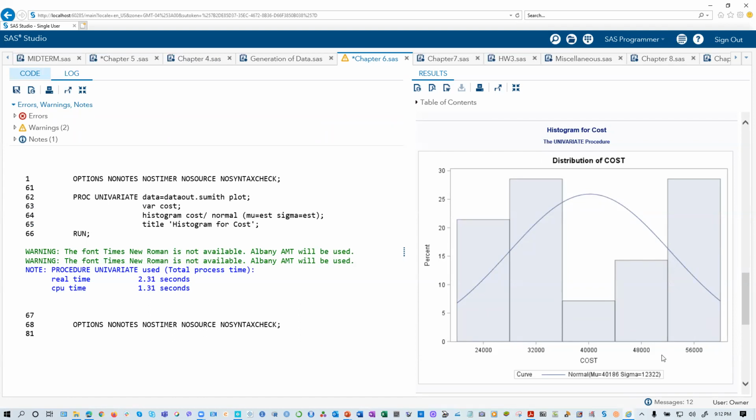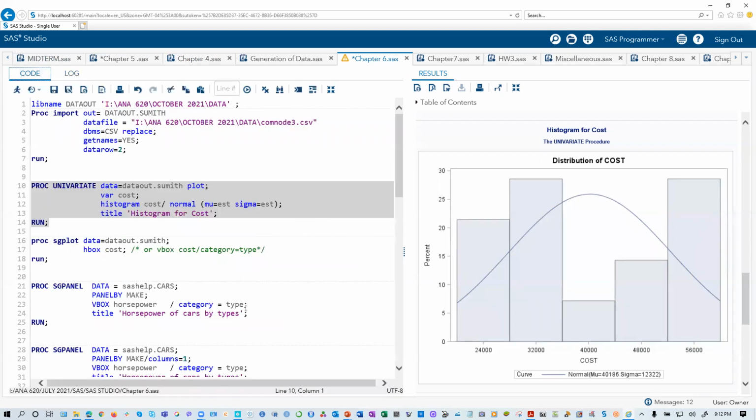This is the histogram for the cost, overlaid by some kind of smooth normal curve. Then you go over there, histogram, normal. You give the mu, you say estimate. That means we were pushing it to get the estimate of the mu, which is y bar. That means the average cost. Get the average cost. That's why we were telling it here.